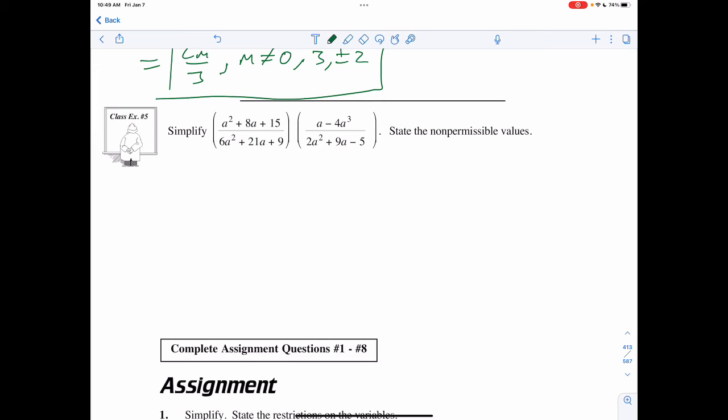All right. Well, let's do the same process for this one. So I can see that there's a funny one that exists over here where I have a minus 4a cubed, which is going to become a times 1 minus 4a squared, which I know is in the wrong order.